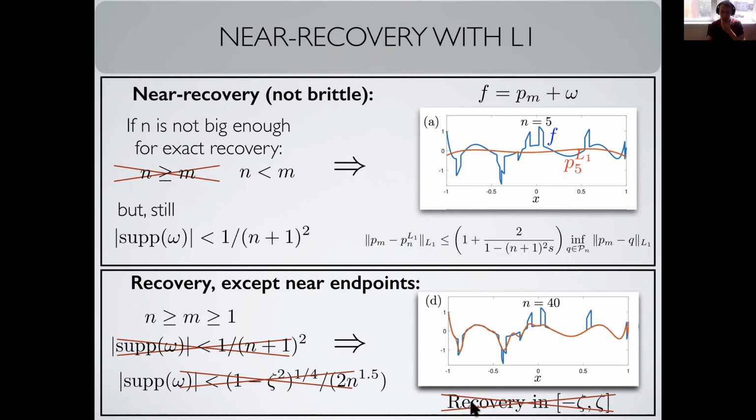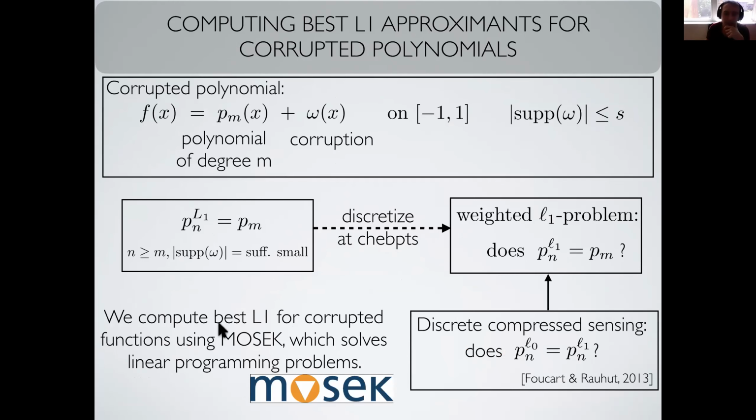Okay, and of course, when n equals 40, you basically get rid of everything and you're just recovering the corruption as well. So this is perhaps where the LAD lasso scheme might become useful, when we try to turn this into an algorithm.